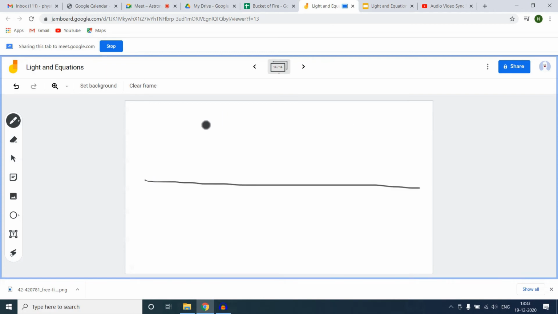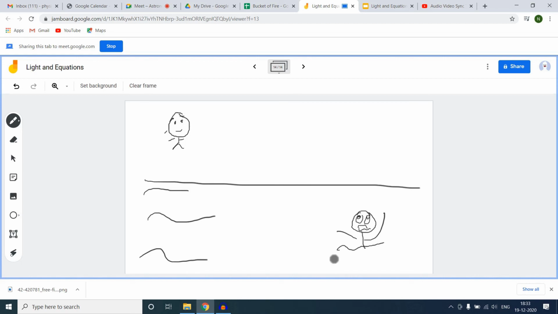So if you just want to have a look at the problem, this is Bob over here. This is the sand. And over here, this is his girlfriend drowning in the water.